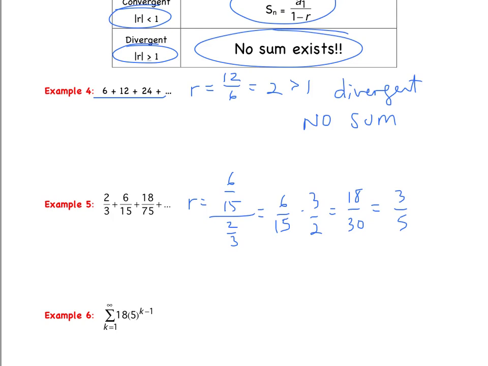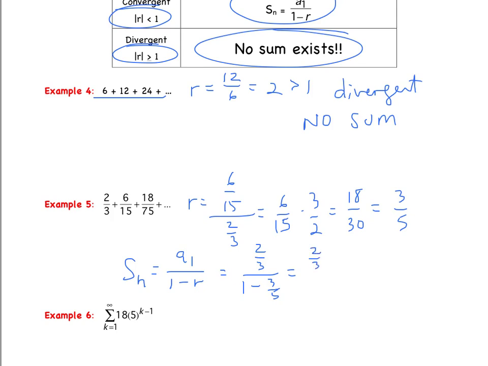I can find a sum, and I'm going to find that sum by doing my first term divided by 1 minus r. Since my first term is 2/3, I'm going to put that in the numerator and put it over 1 minus 3/5. Remember that 1 is the same thing as 5/5, so 5/5 minus 3/5 is going to equal 2/5.